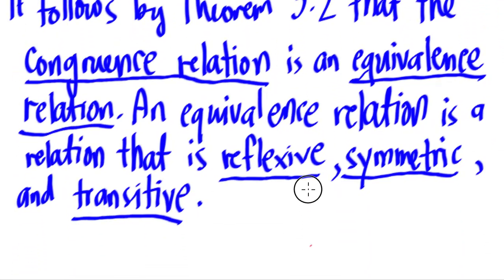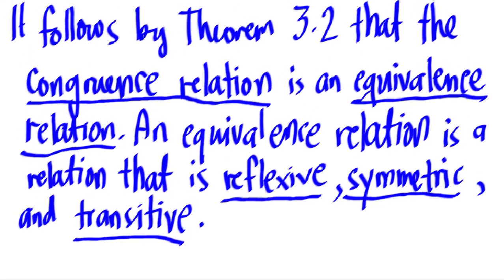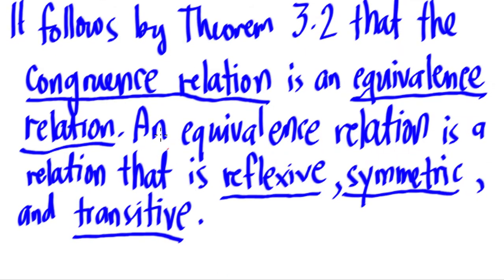Now, what is the thing that is very important in theorem 3.2? It follows by theorem 3.2 that the congruence relation, the one that we've been talking about since the start, is also an equivalence relation, provided the modulo is not changed.